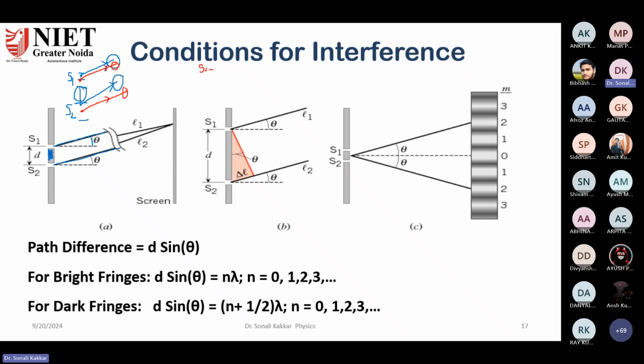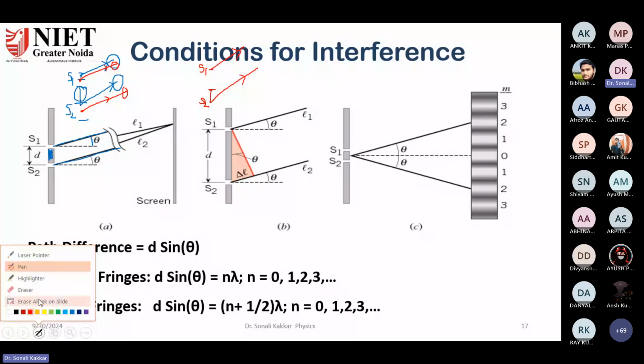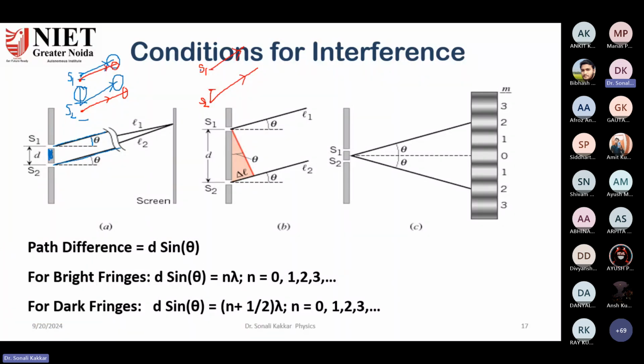Slit S1 starts from here, so there will be some point and some rays. Then slit S2 starts from here, and the rays come from here. Similarly, the second ray comes from here. So we are considering the rays from the corresponding points of the slit.